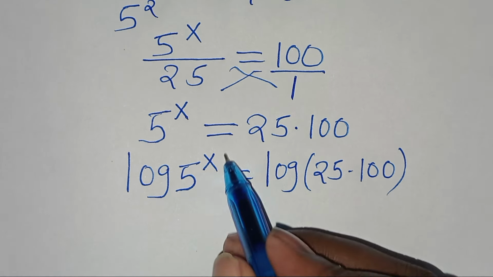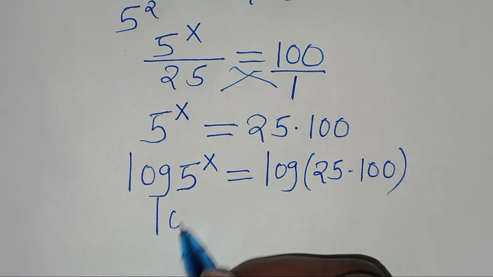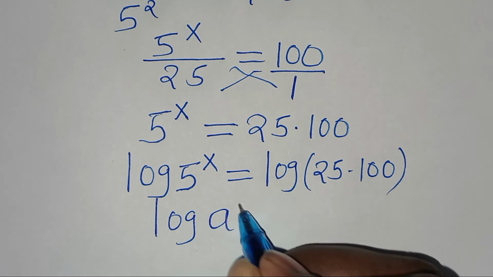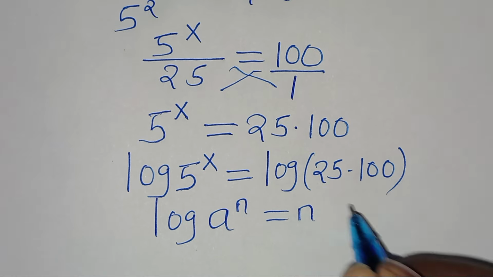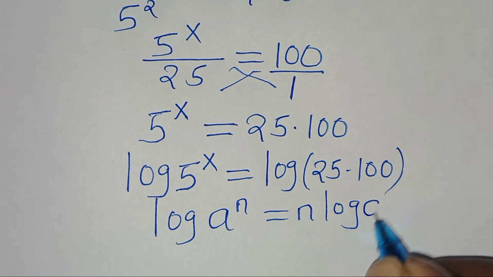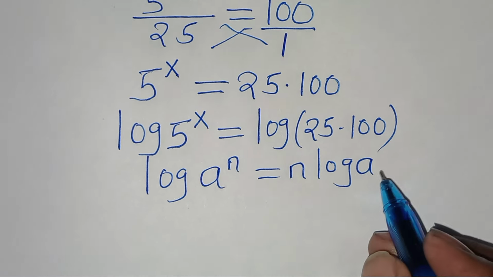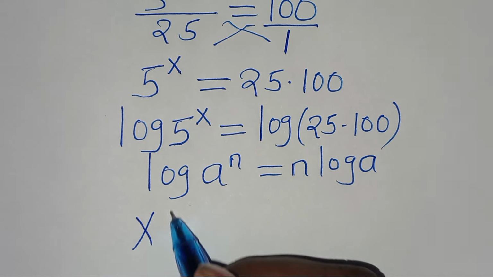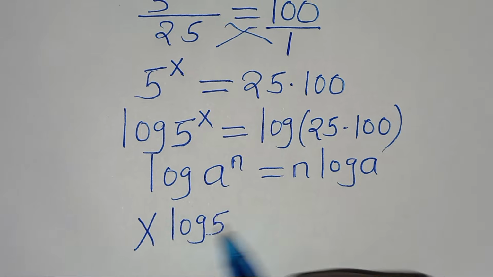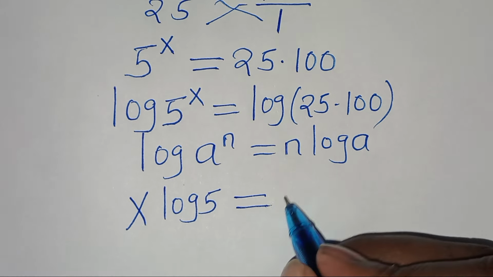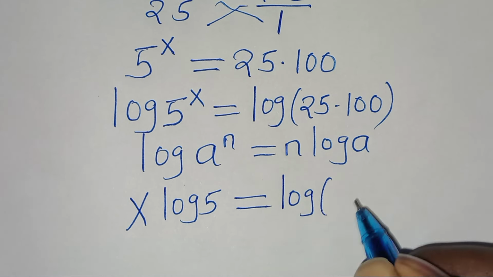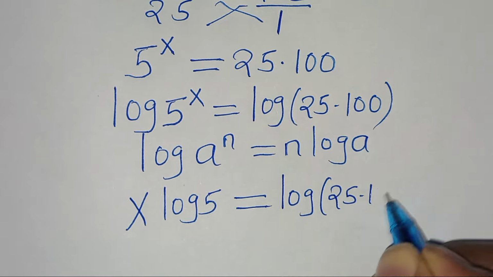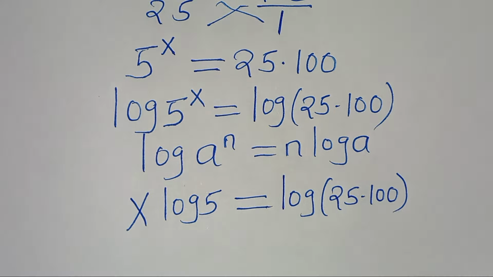So log 5 to the power of x, this is in the form of log a to the power of n, which we can express as n log a. So let's apply this power rule property, so that now log 5 to the power of x becomes x log 5. This is equal to log 25 multiplied by 100.